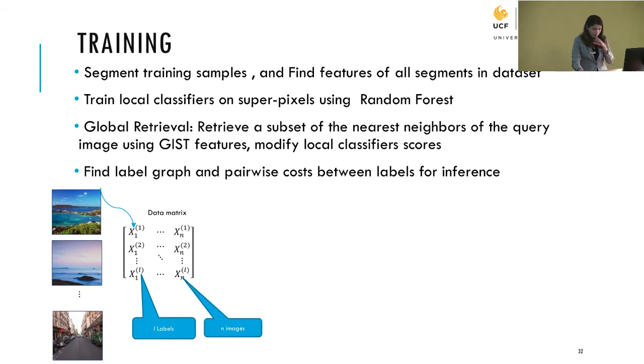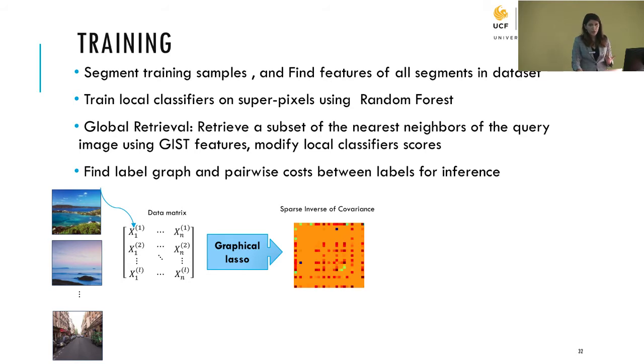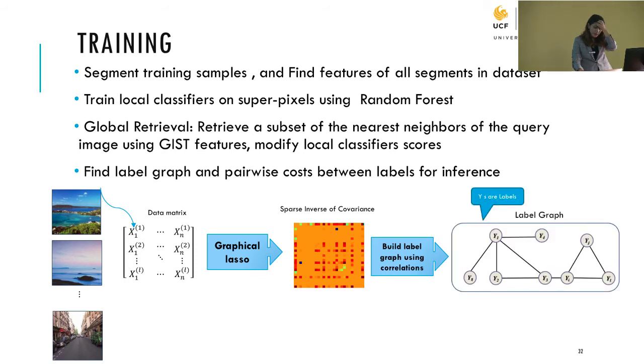So we have an L by N matrix. And then we can use graphical lasso to find the precision matrix, which is sparse. Using the precision matrix, we can build the label graph using the correlation. When we have this label graph, we can find how these labels influence each other, and we use this partial correlation in the pairwise cost.